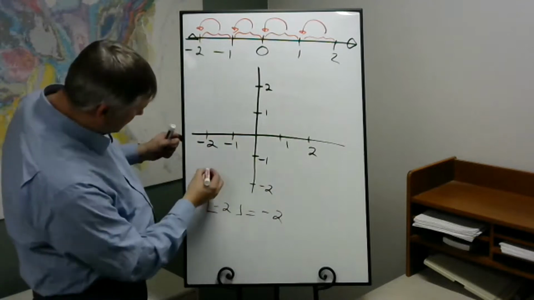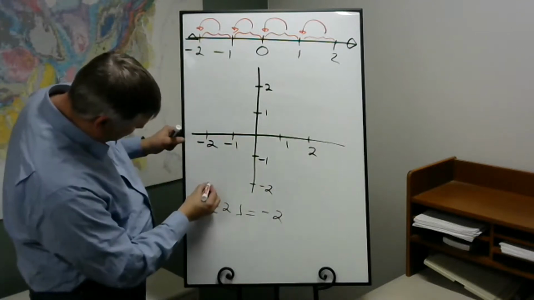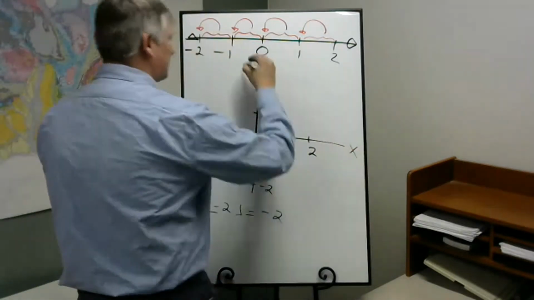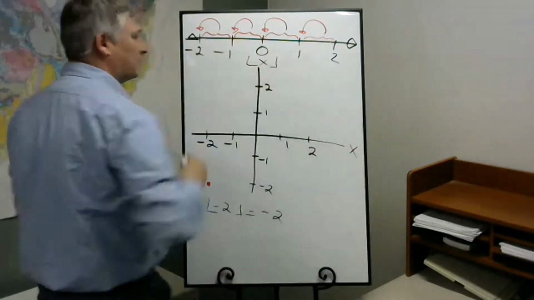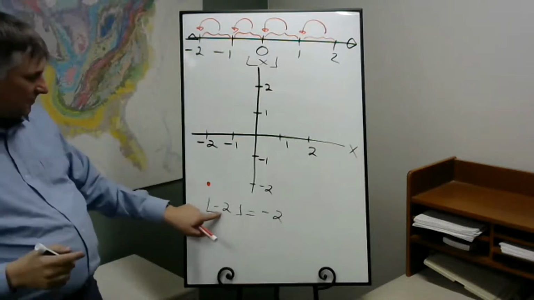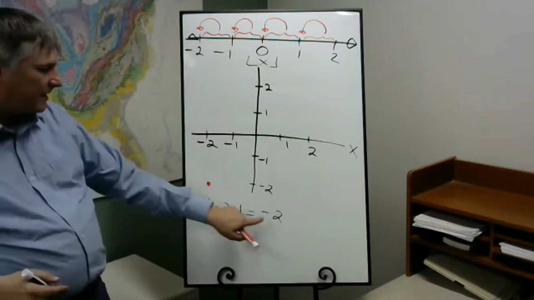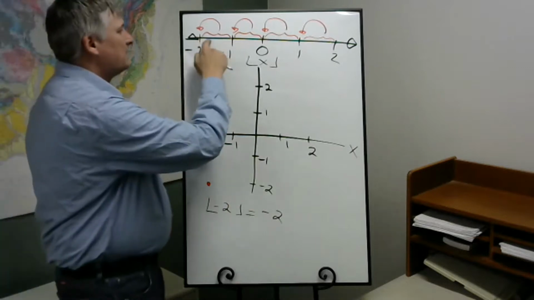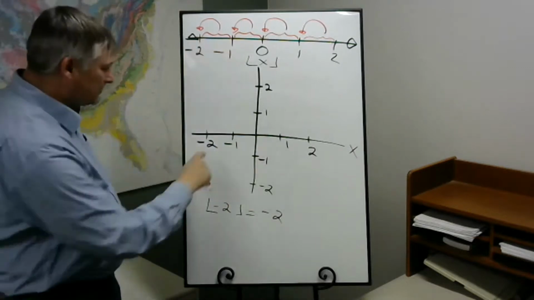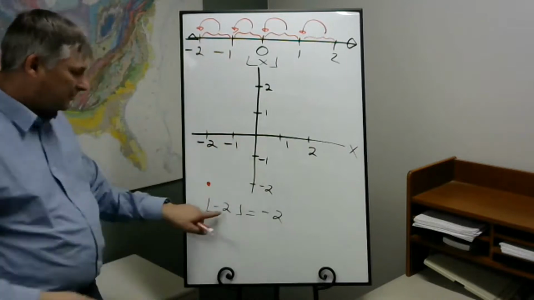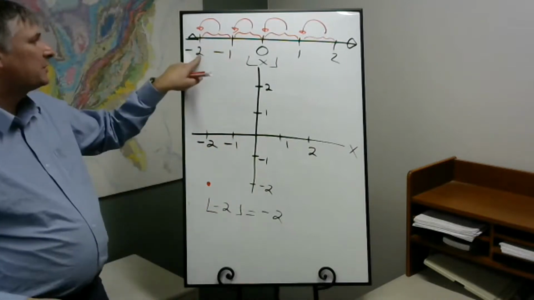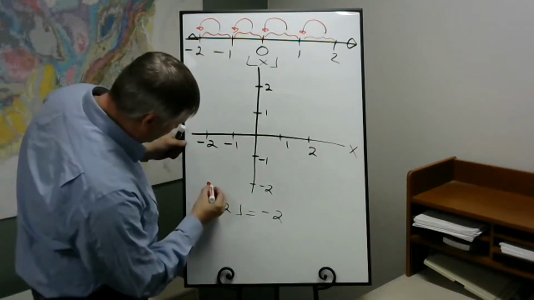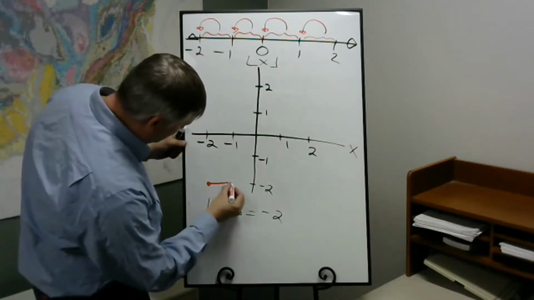So for -2, it's going to put us right here. So if we have x, there's our function. So if x is -2, f of x will be -2. And then we also see that all these numbers here between -2 and -1, if we put those into our function, they're just going to map to -2. So all of these will have a value of -2.